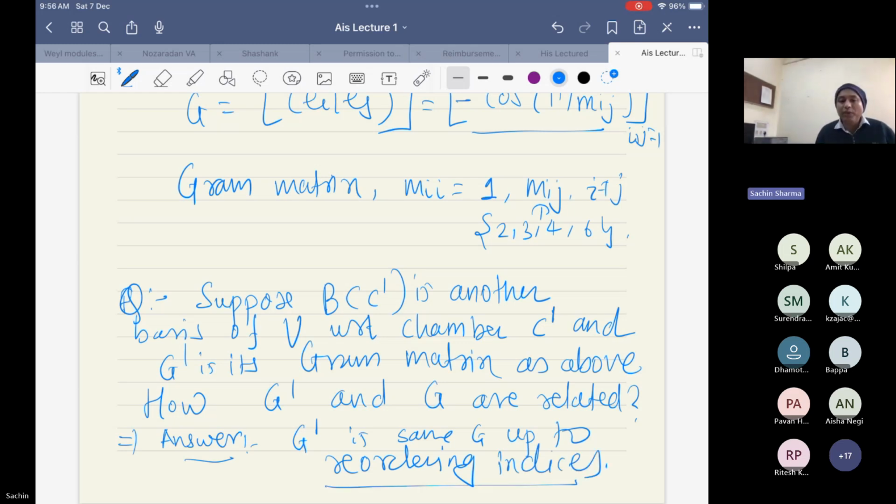This is a very important statement. What does that mean? We will see in the assignment how one sees these things.